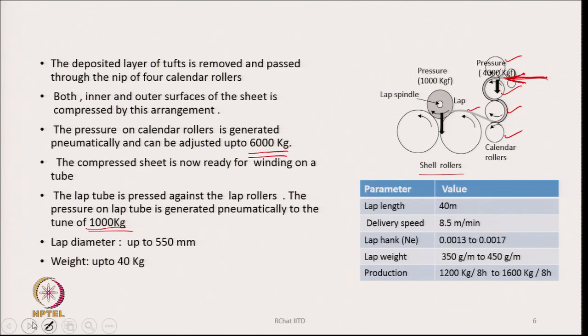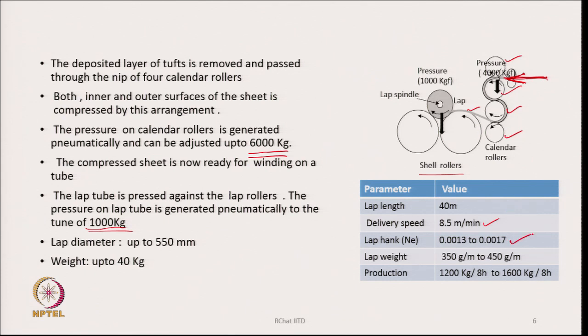So, some technical parameters about lap. The lap length is usually around 40 meter. Delivery speed, that is the surface speed of the shell rollers, or you can say the calendar rollers, is around 8.5 meters per minute. The lap hank in Ne is 0.0013 to 0.0017.